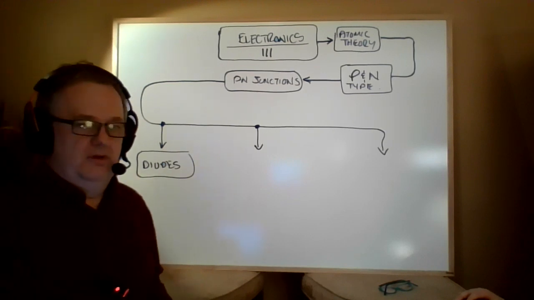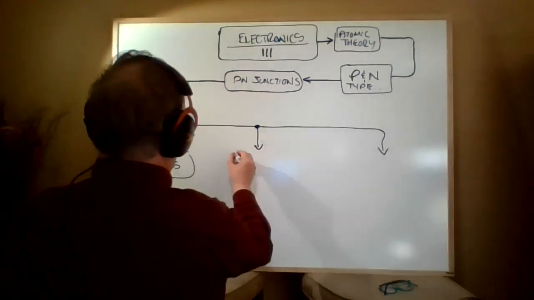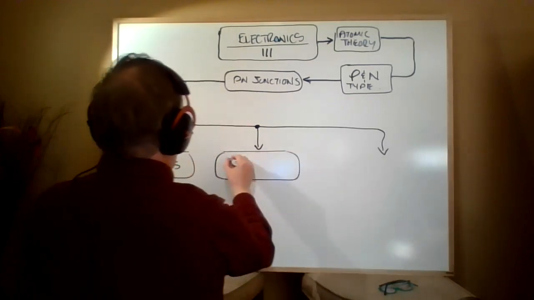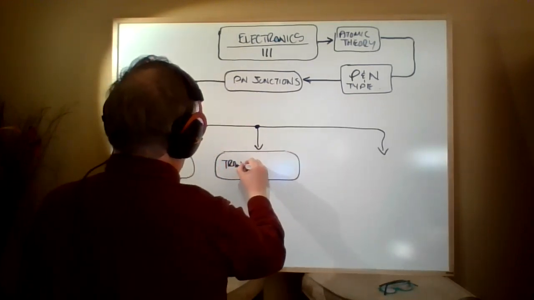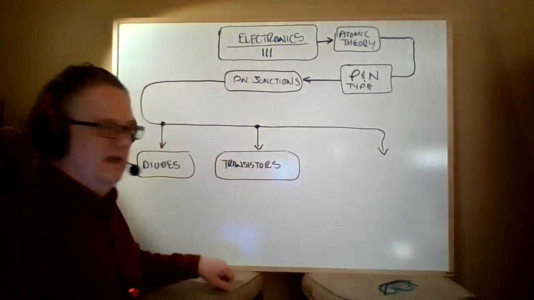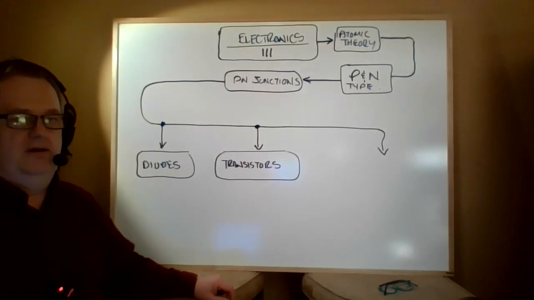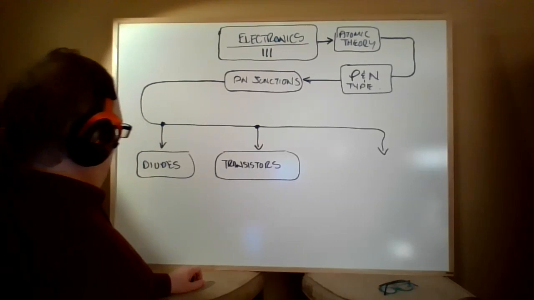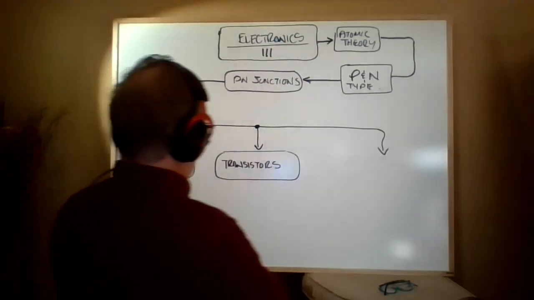And the second type of component that we're going to deal with is transistors. We're going to look at quite a number of different types of transistors, and we'll expand that knowledge probably a little bit further than what you've looked at in previous years.